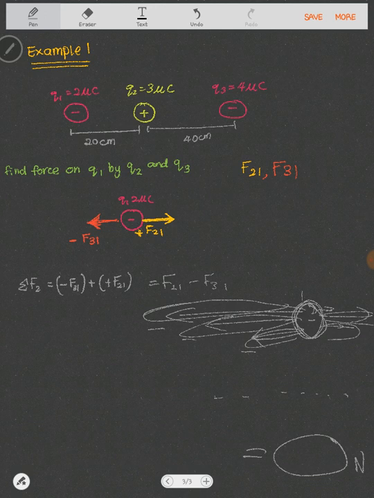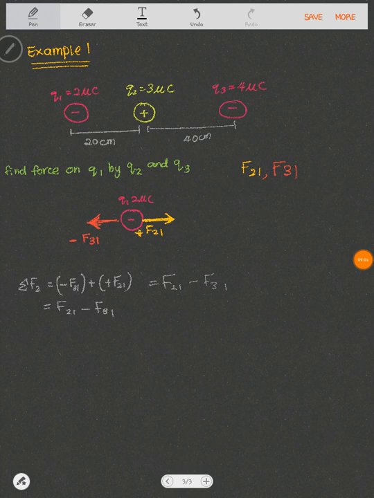Tapi nanti kita ingat, net force ni memang kena tolak ke? Tak. Net force memang kena tambah semuanya. So dia sama juga maksudnya, positif F21 tambah dengan negatif F31. Positif negatif is negative, F21 minus F31. So the simple way nak kita nampak, tulislah macam ni, F21 minus F31.